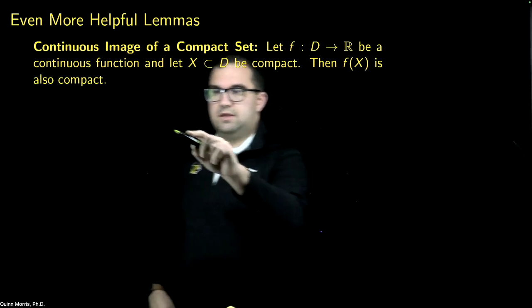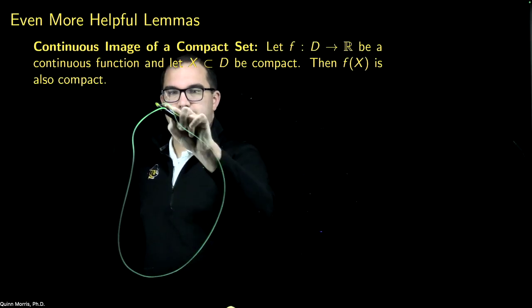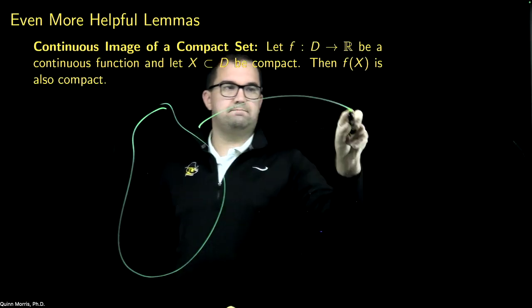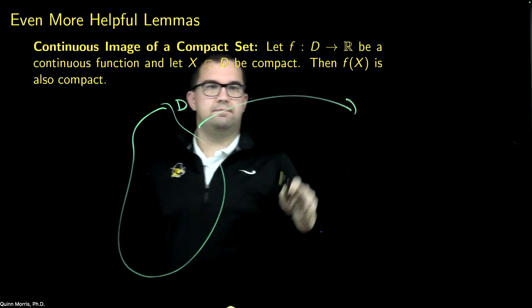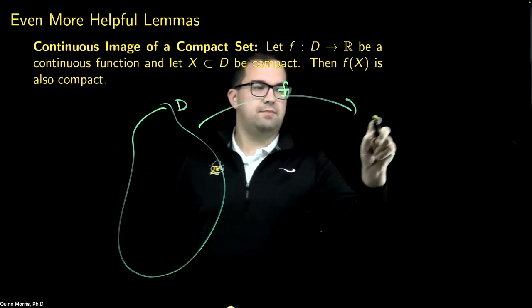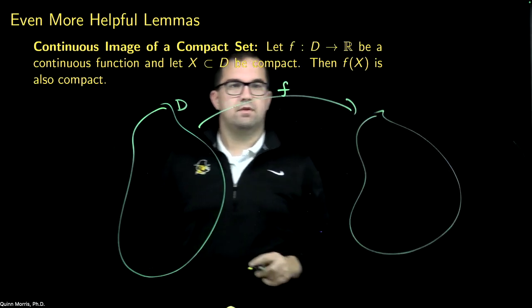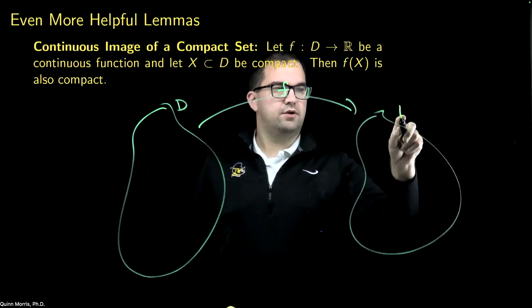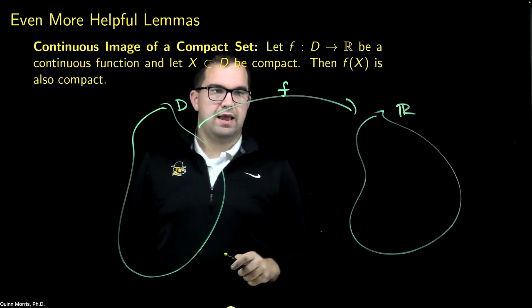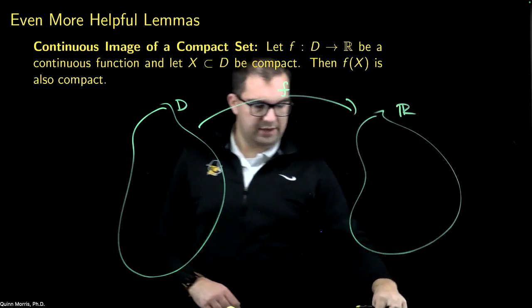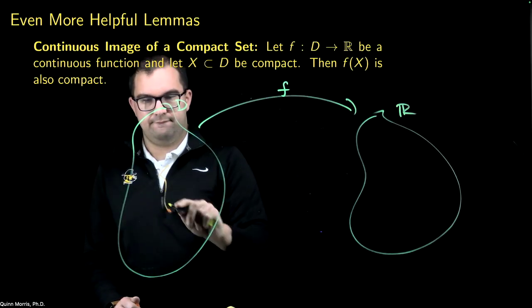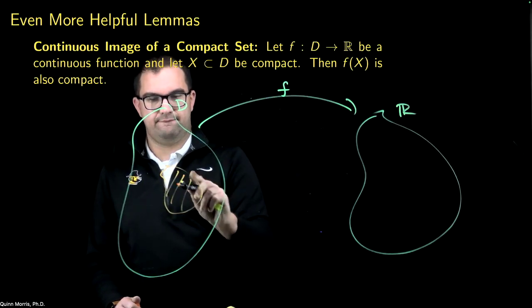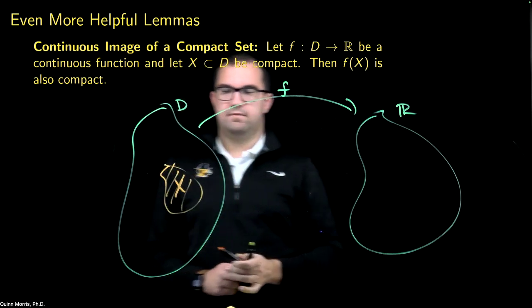So again, let's think about just sort of a picture here. And so here's my domain D. My function f is mapping over here into R, right? And so I have some subset over here, X, which is compact, okay?